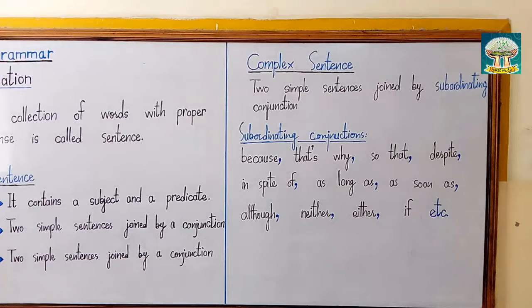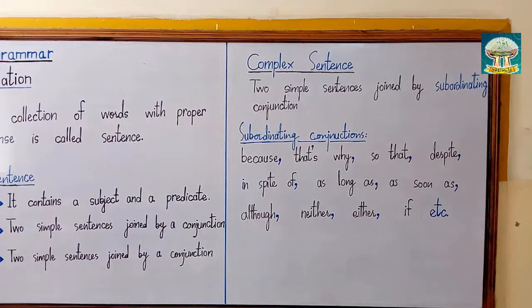I have given you some of the subordinating conjunctions on the board here: because, that's why, so that, despite, in spite of, as long as, as soon as, although, neither, either, if, etc. There are some more subordinating conjunctions in the English language. I have given you a few of them.